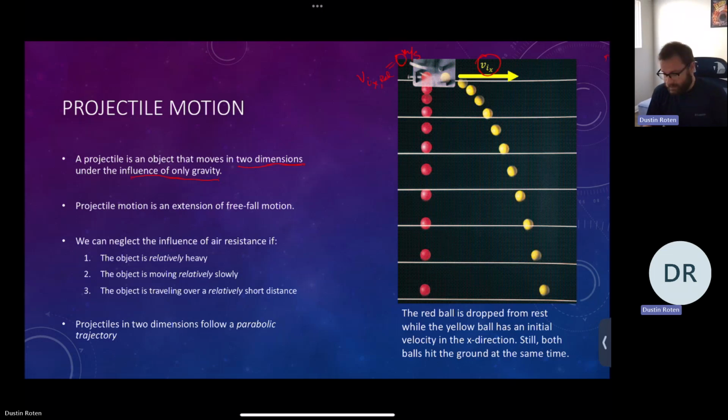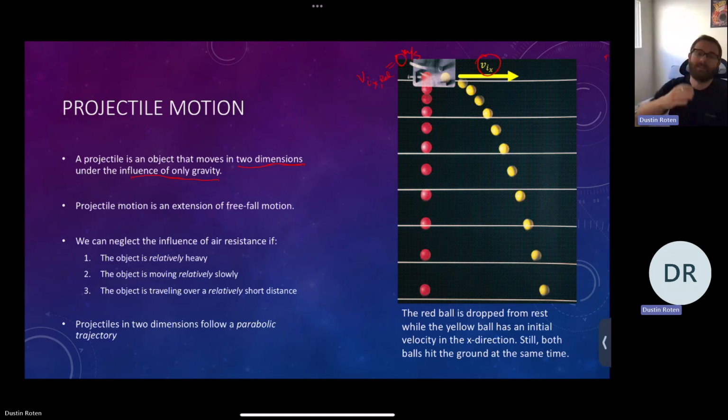So I'll say red equals 0 meters per second, and that's really the only difference. You'll notice, because these lines are all equally spaced, when this happens, even though one of them is moving to the right, it's also falling vertically downward. They're spaced equally as they're falling down to the ground. So this really just shows you that whatever's going on in the x direction doesn't influence what's going on in the y direction, or the vertical direction.